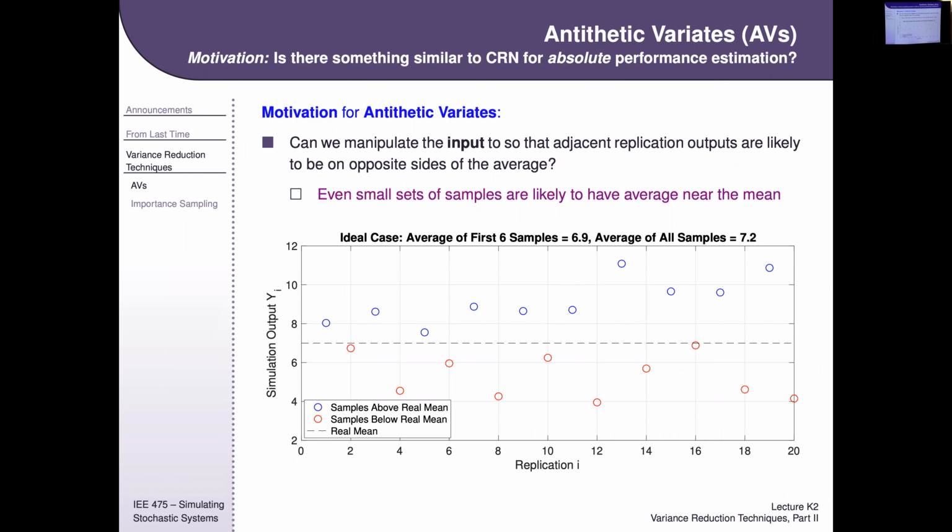So the idea here is that we are going to play with the random number stream so that every odd replication, 1, 3, 5, and so on, uses a fresh draw from the random number generator, but every even replication is going to use a specially mutated version of the previous random number draw that helps guarantee that the next replication will be on the other side of the mean, so that you get this back and forth effect, so that you need fewer replications to estimate that mean.